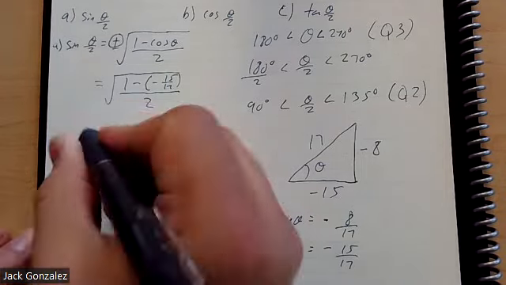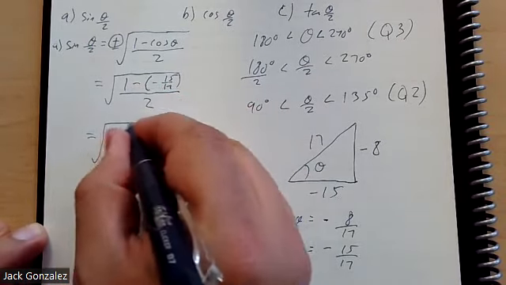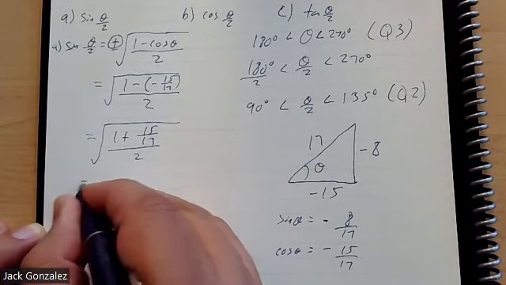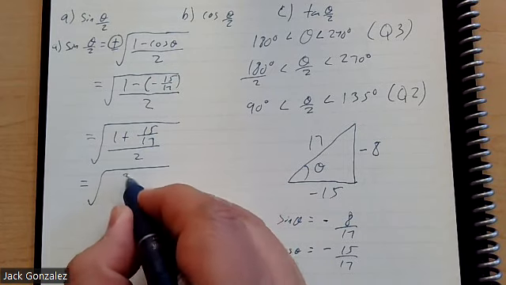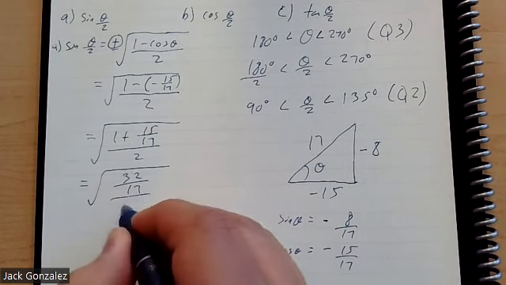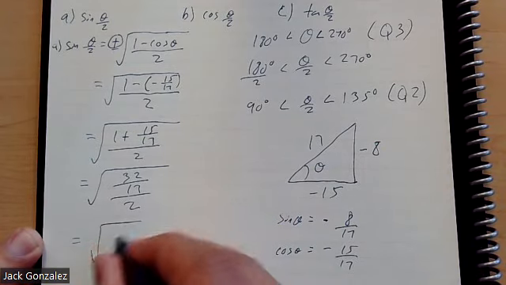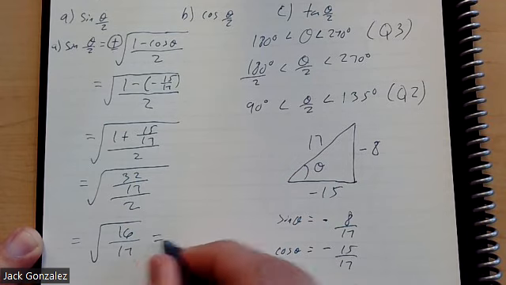Okay. So 1 minus negative 15/17, that's a double negative. So that's the same as 1 plus 15/17, which is the same as 17 plus 15 over 17, that's 32 over 17, right? Divide by 2, that'll reduce the 32 to 16. Or flip it over and multiply. This would become 16 over 17, which will be 4 over root 17.